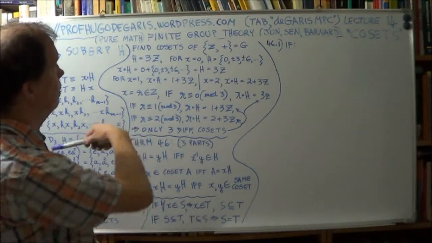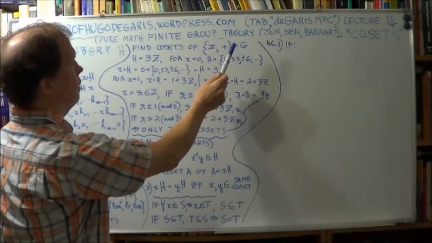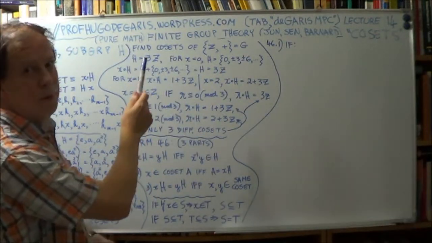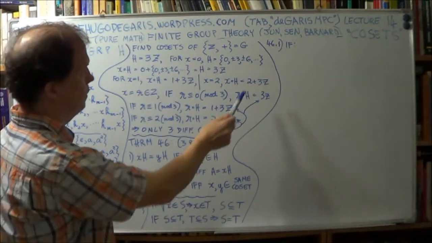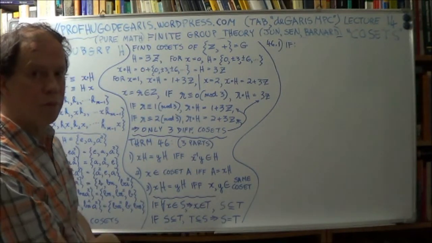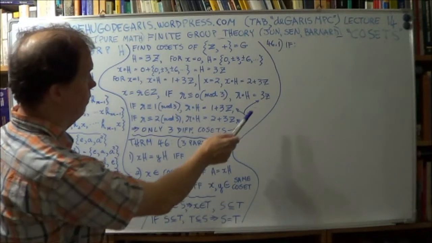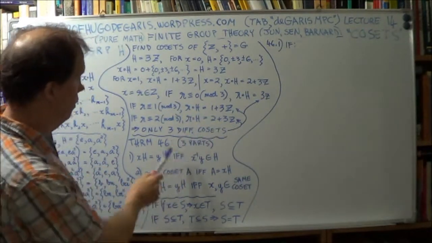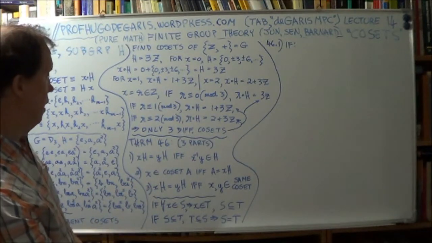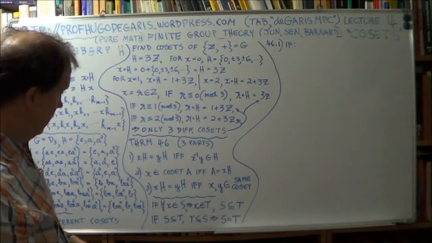Even though this set's infinite, so is this. So we've got an infinite group and an infinite subgroup. The number of different cosets for those infinite group and subgroup is finite. In fact, only 3. That one, that one, that one. So you've got 3 different cosets.